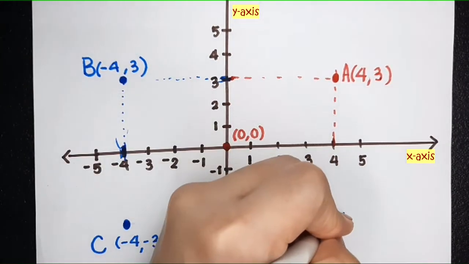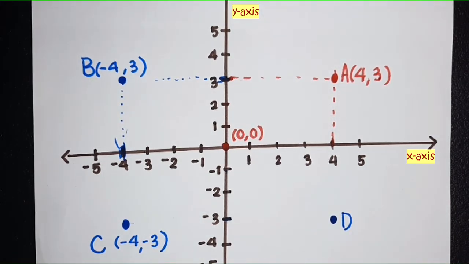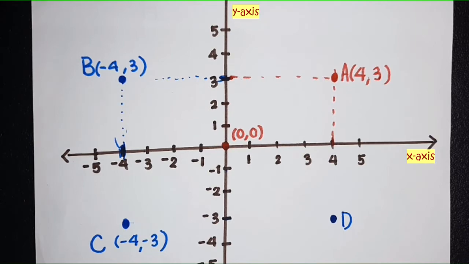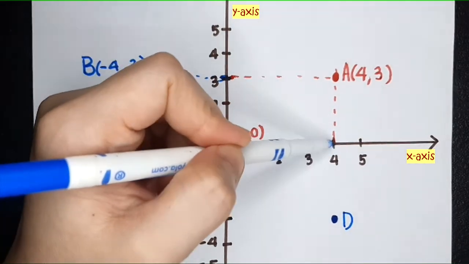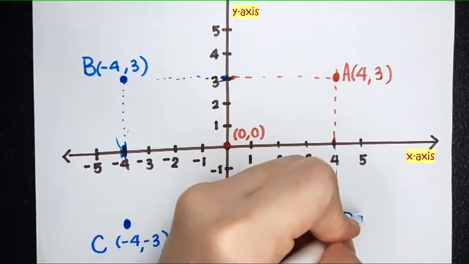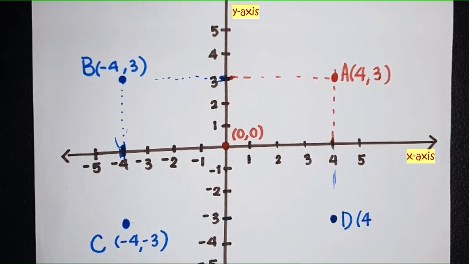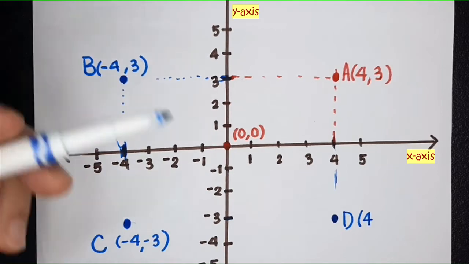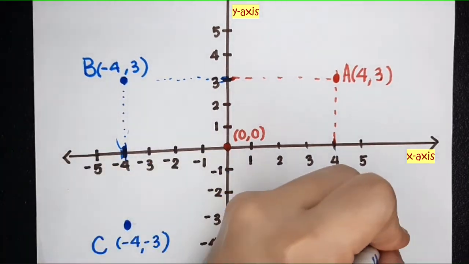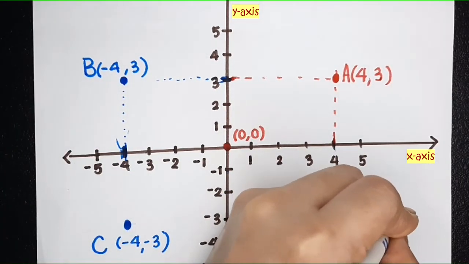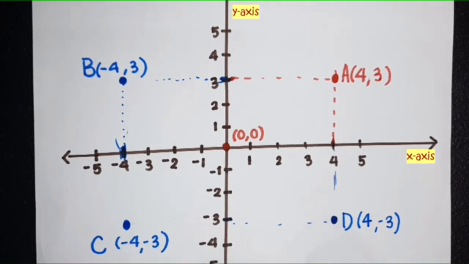Let's call it point D. Ano kaya ang coordinates ng point D? So, titingnan nyo muna yung value sa x-axis. Ilan ba yan? To 4. So, the x-coordinate is 4. What about the y-coordinate? Tingnan nyo naman yung value niya sa y. Here. -3. So, these are the coordinates of point D.